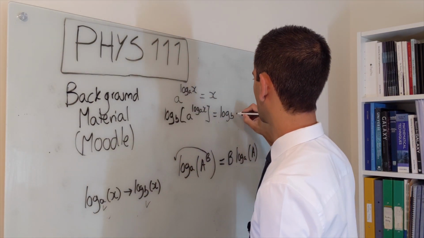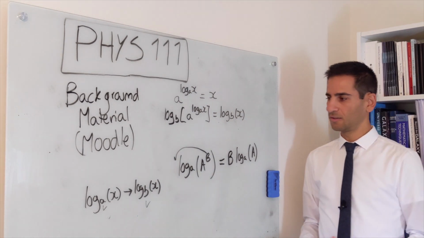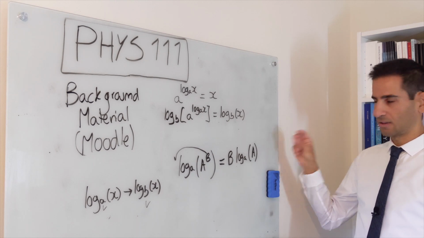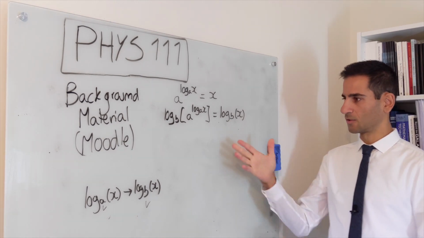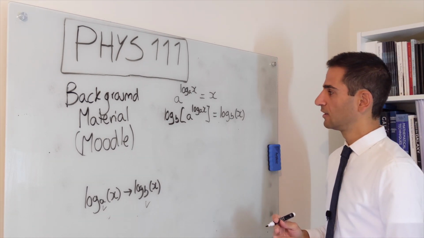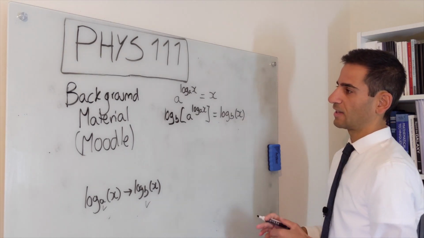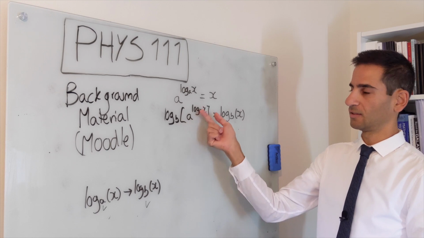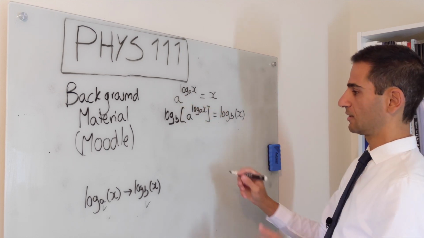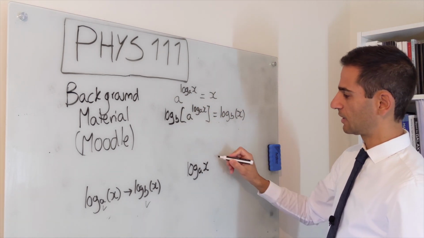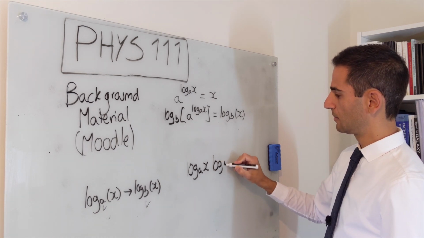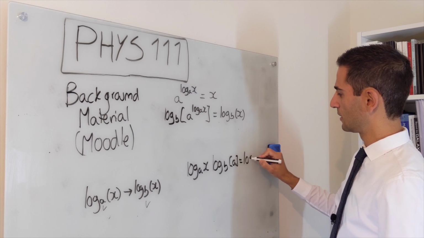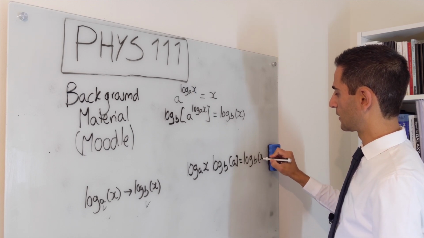Now, as the next step, let's use some Physics 111 magic to get rid of this. Do you remember? So we now have space to write it up. All we need to understand is that we can take this exponent, log base a of x, outside. It's now multiplied by log base b of a, and this equals log base b of x.